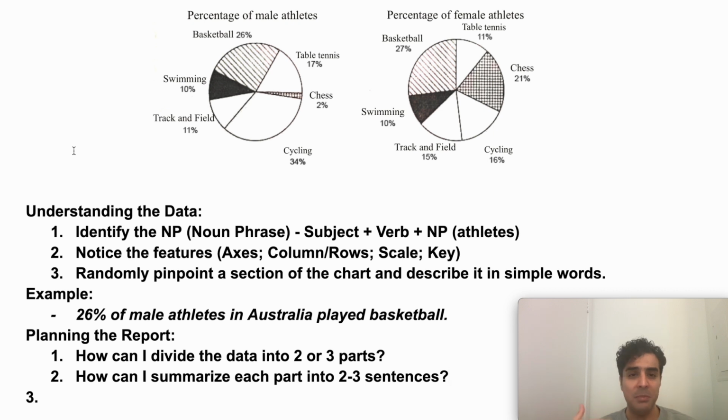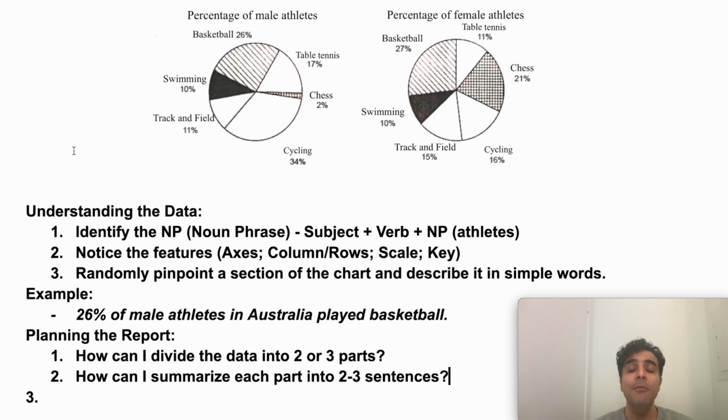What about the rest? Am I going to ignore the rest? Well, here's the deal. What you could emphasize in addition to the highest and lowest amount is anything that is either a set proportion. So for example, you could say basketball forms almost a quarter or approximately a quarter of male athletes, or attracts a quarter of the male athletes.